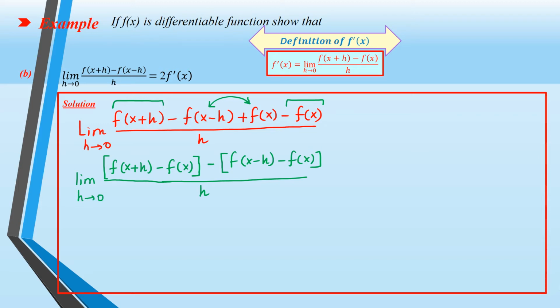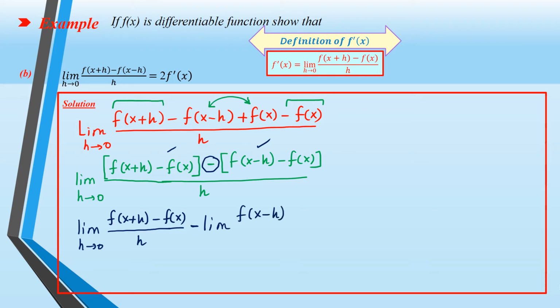Now you have to split the limit as the limit of f of x plus h minus f of x divided by h when h goes to 0. This is the first one, and you have to write the second one. Between them we have subtraction, so minus the limit of f of x minus h minus f of x divided by h when h goes to 0.